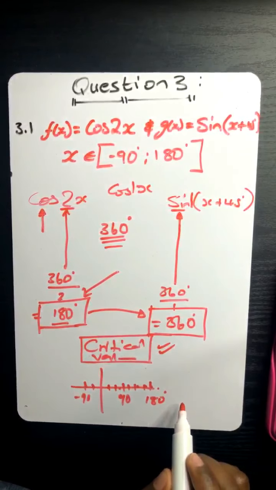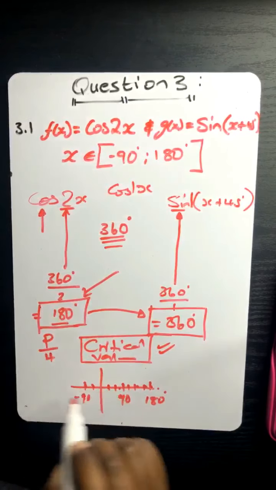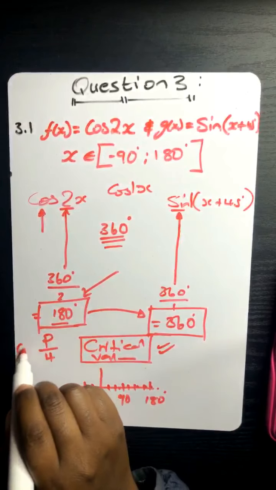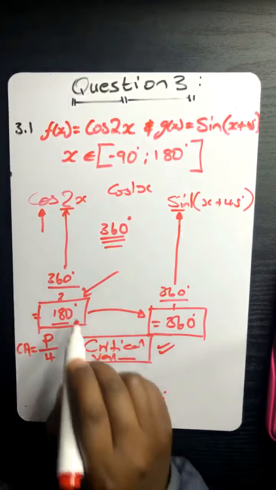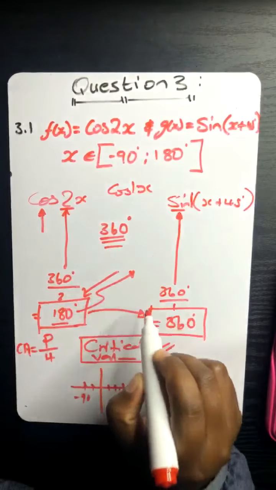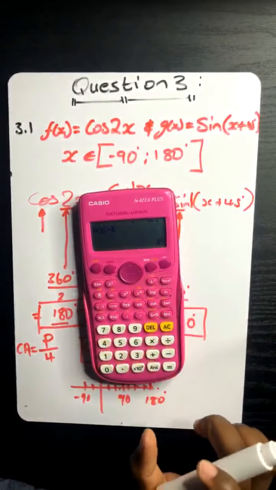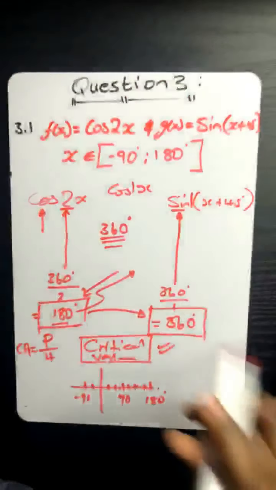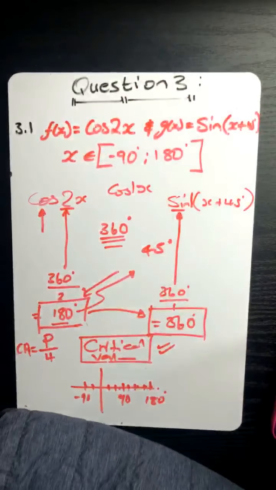So that means when you find the critical values, it is actually the period divided by 4. This is the formula for calculating the critical values, if you remember, guys. So what is 180 divided by 4? I think I still have it on my calculator. Divided by 4, I'm getting 45 degrees.